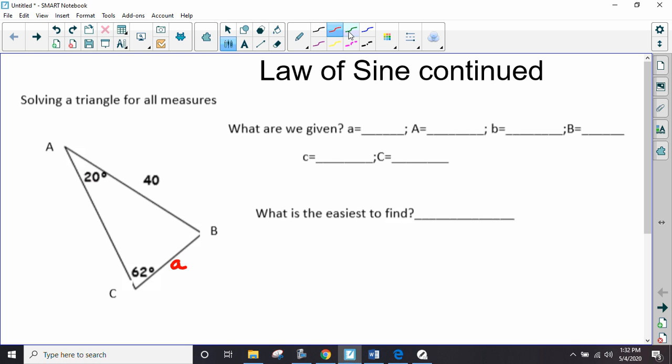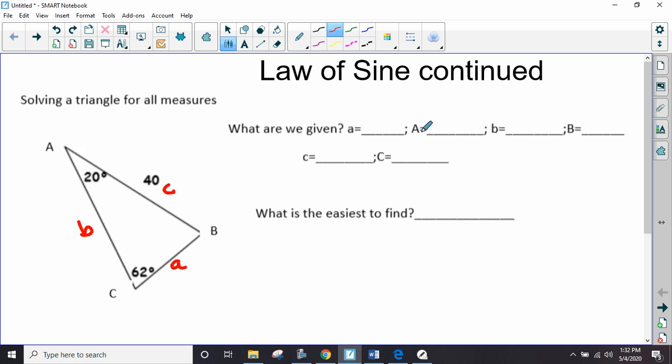Also, this right here, AC, would be little b because it's across from angle B. And this right here would be little c, because it's across from big C. I think that's where a lot of people are really getting confused. So we need to look at it like this.